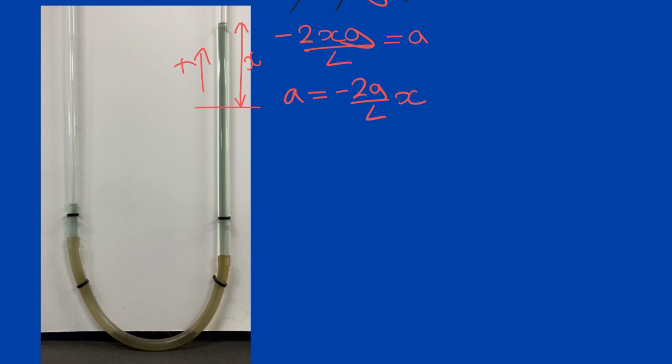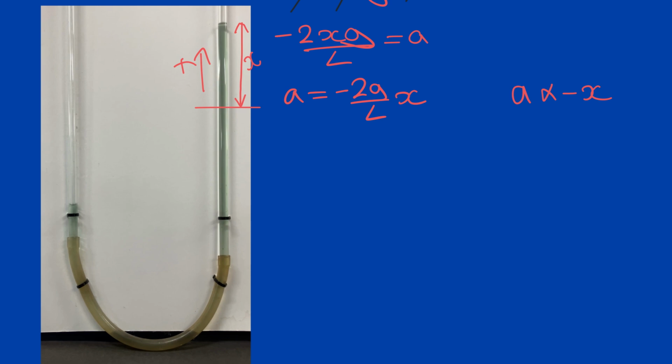The condition for simple harmonic motion is that the acceleration must be proportional to minus the displacement, and since g, the acceleration due to gravity or the gravitational field strength, and the length of the column of liquid are both constant, the acceleration is indeed proportional to minus the displacement.